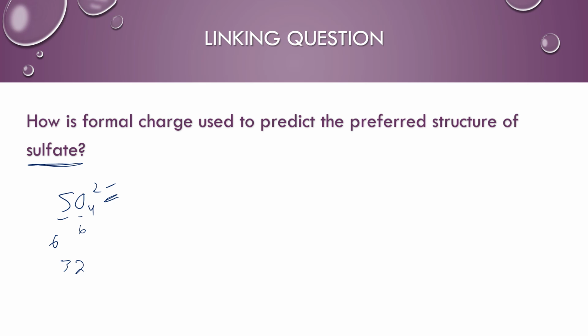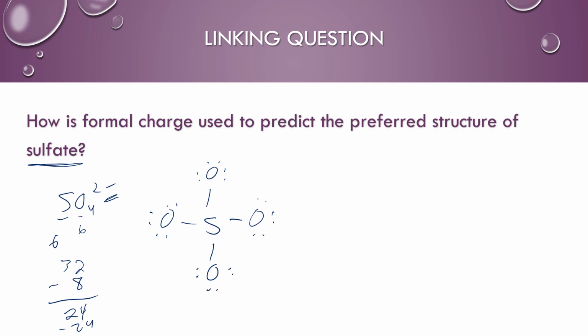So it's 32 valence electrons. When I make my compound, I use up 8 electrons in the bonds. So I'm left with 24, and then I'm going to fill in the octets of the outermost elements first. And so that uses up those 24 extra valence electrons.